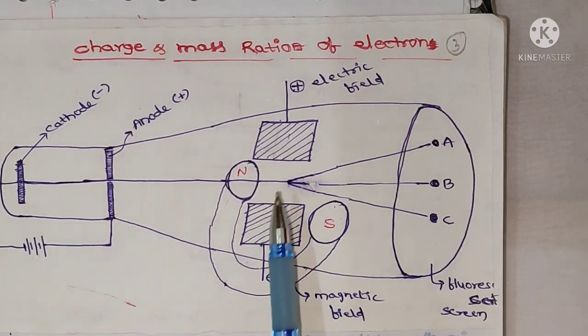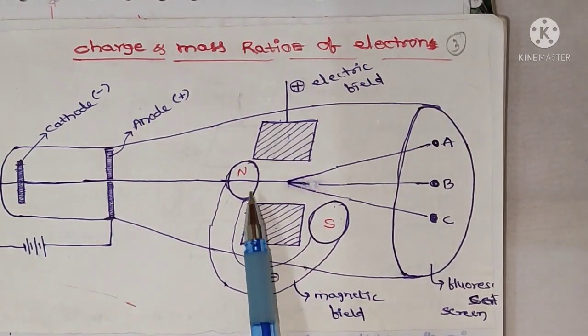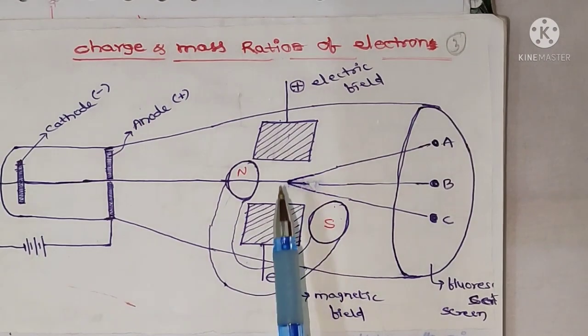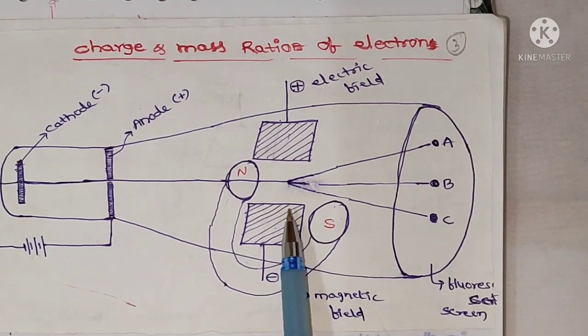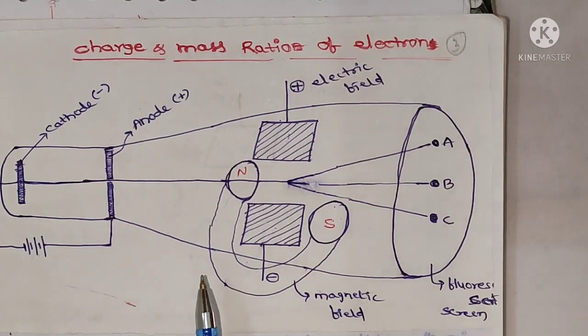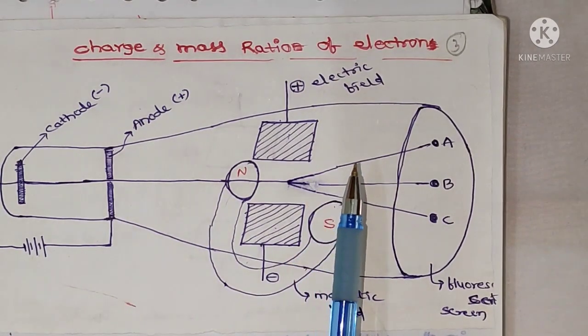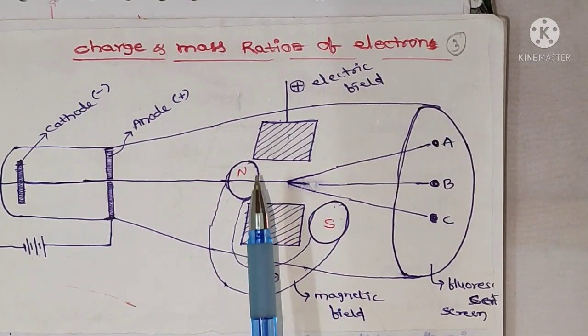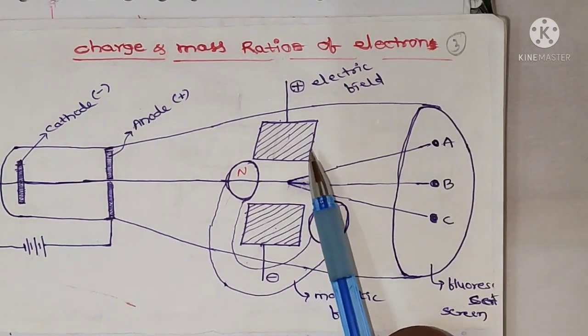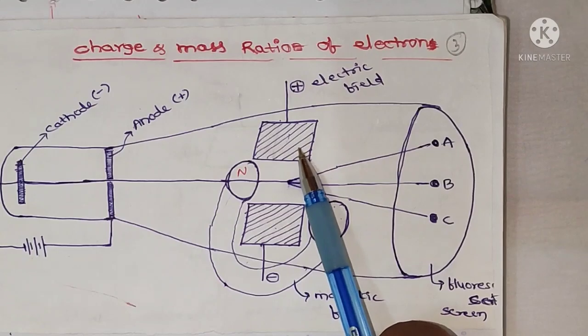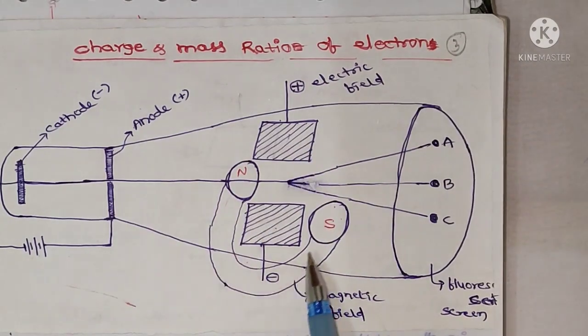And when both electric field and magnetic field are applied simultaneously with the same strength, the electron is brought back to its original path, as in the absence of electric field and magnetic field.